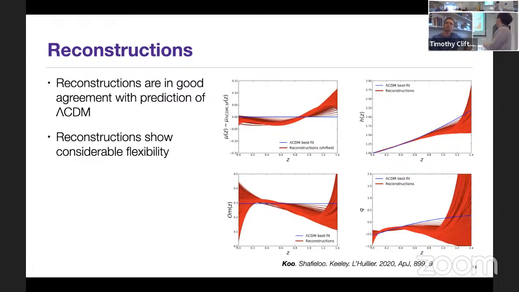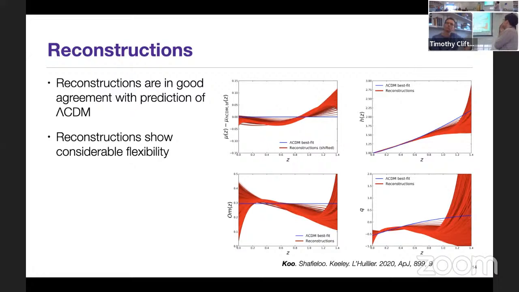You can see many red lines, which are the reconstructions that have lower chi-square value than the lambda CDM prediction, and you can see the blue lines, which are the lambda CDM prediction. The red lines are distributed around the lambda CDM prediction.